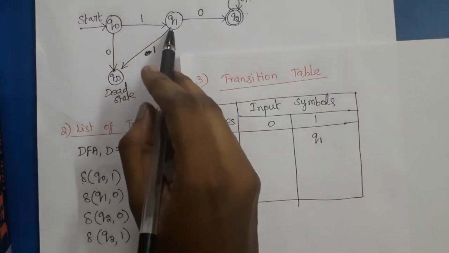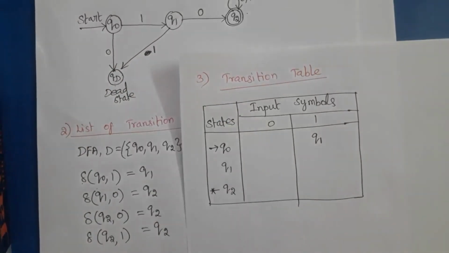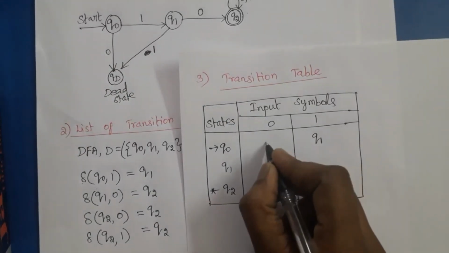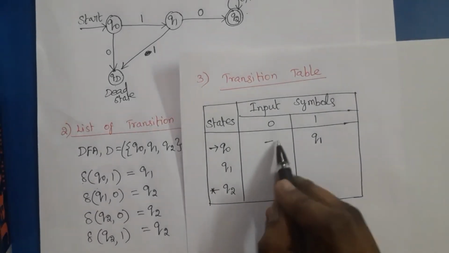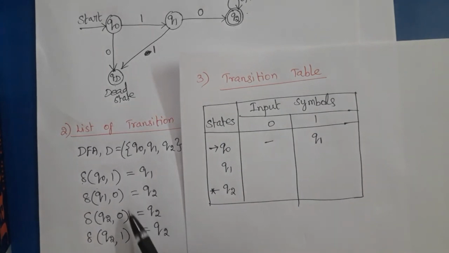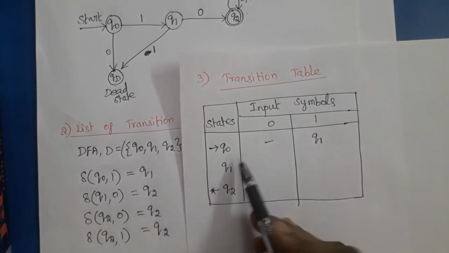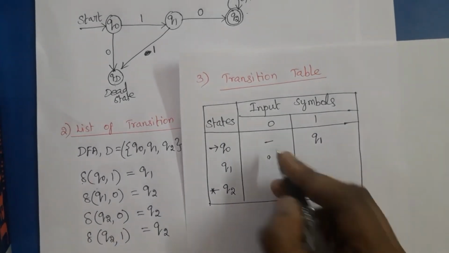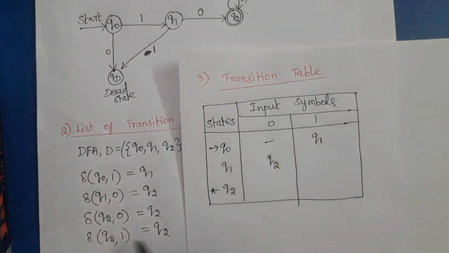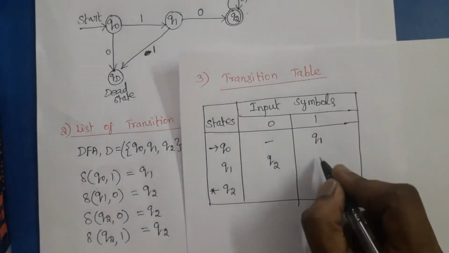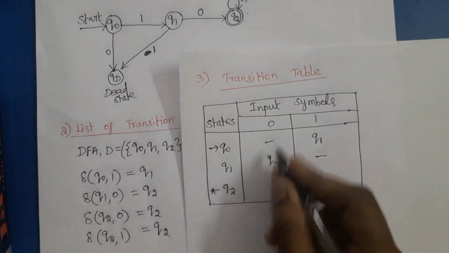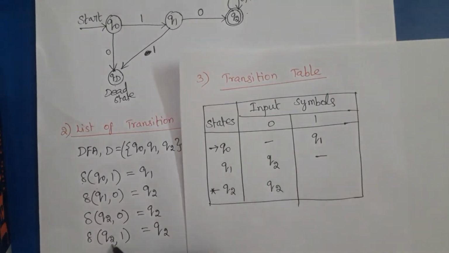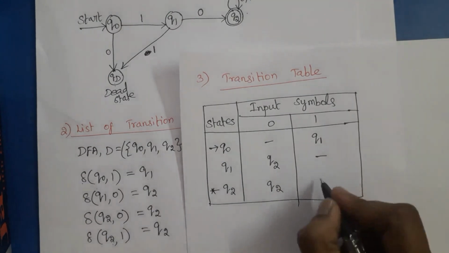There is no transition for 0, so we can put a hyphen over here, or you can write QD, the dead state. Then Q1 comma 0 is Q2. Q1 comma 1 is not a transition, so put a hyphen. Then Q2 comma 0 is Q2, and Q2 comma 1 is also Q2.